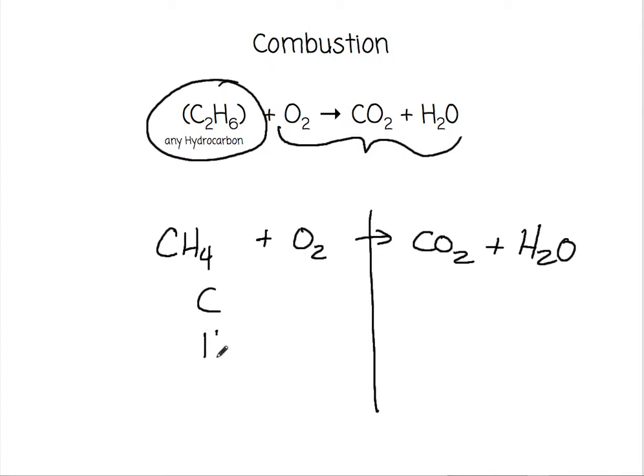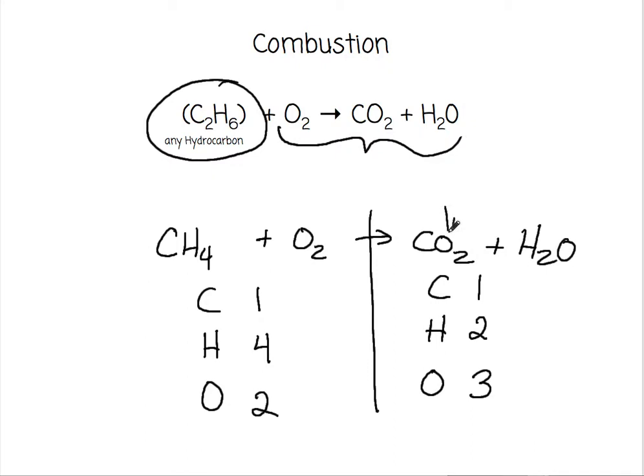Carbon, hydrogen, oxygen, carbon, hydrogen, oxygen. One carbon, 4 hydrogens, 2 oxygens, 1 carbon, 2 hydrogens, see the 2 hydrogens right here? 3 oxygens, because there's 2 here and 1 here. Okay, that's where the 3 oxygens came from.